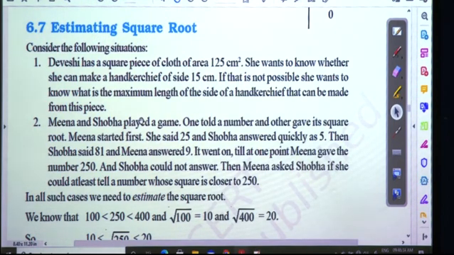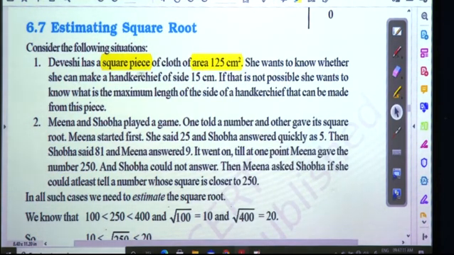Please understand the situation carefully. It is a real time application that is being explained to us. Deveshi has a square piece of cloth. Its area is 125 centimeter square.